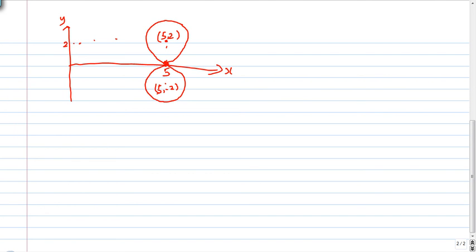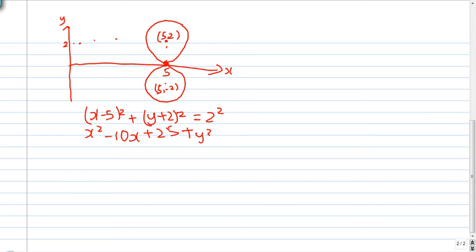Alright, so the equation of the reflected image now becomes x minus 5 squared plus y plus 2 squared equals 2 squared. And what you get is x squared minus 10x plus 25 plus y squared plus 4y plus 4 minus 4 equals 0 when you expand.